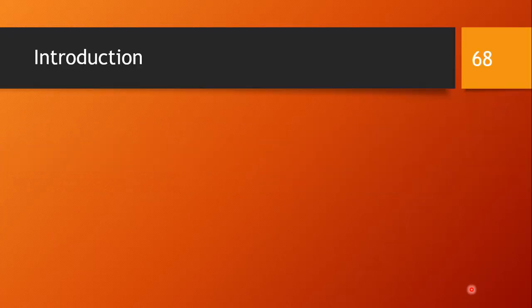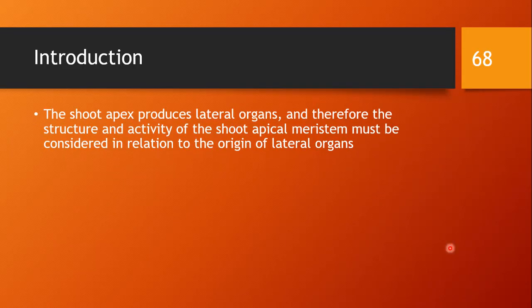So first of all, we have the shoot apex, which produces the lateral organs, and therefore the structure and activity of the shoot apical meristem must be considered in relation to the origin of lateral organs. You know that previously the topic which we discussed was the apical meristem.